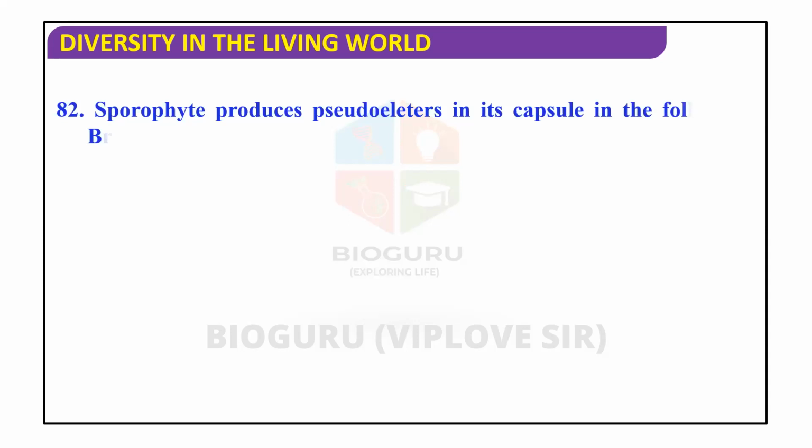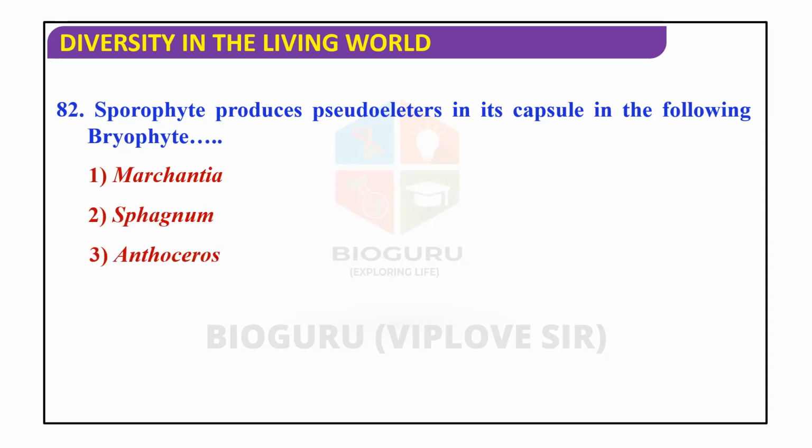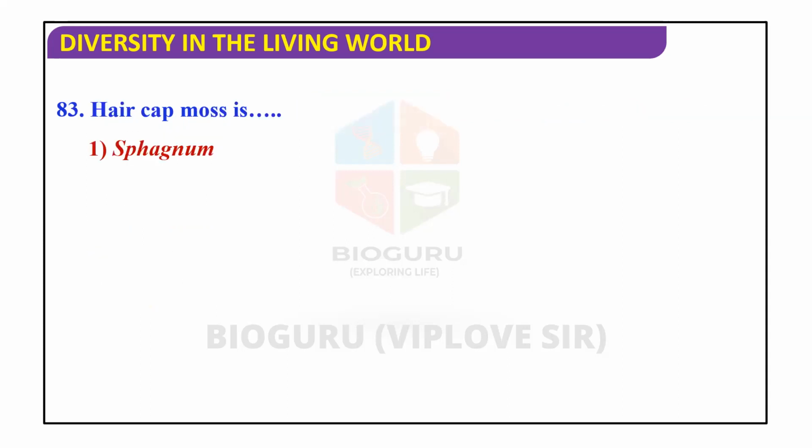The sporophyte produces pseudo-elaters in its capsule in the following bryophyte: Marchantia, Sphagnum, Anthoceros, Polytrichum. Yes, it is Anthoceros. Hair cap moss: which one is called hair cap moss?